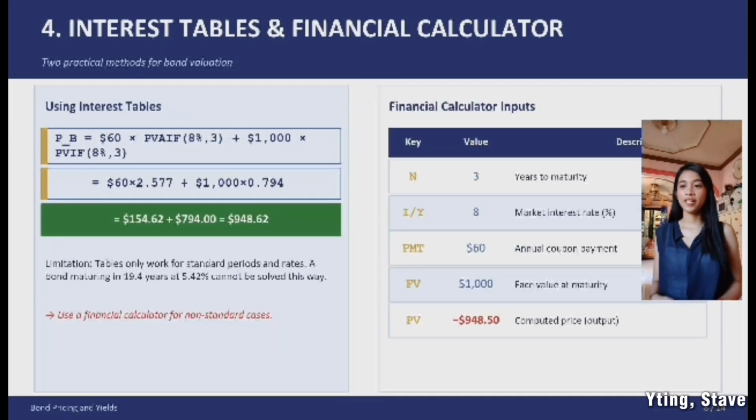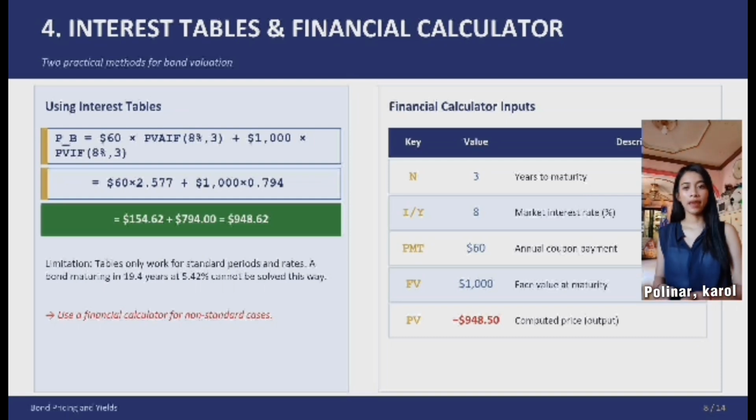These slides explain two ways of computing the value of a bond, using an interest table and using a financial calculator. On the left side, the bond price is solved manually step by step using formulas and interest table values, resulting in about $948.